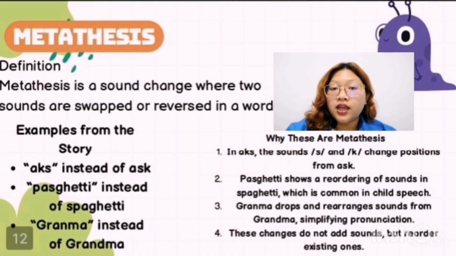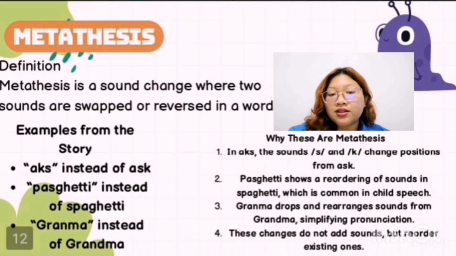The first one is ax: the sounds S and K change position from ask. Pasghetti shows a reordering of sounds in spaghetti, which is common in child speech. Grandma rearranges sounds, simplifying pronunciation. These changes do not add sounds but reorder existing ones in the word.